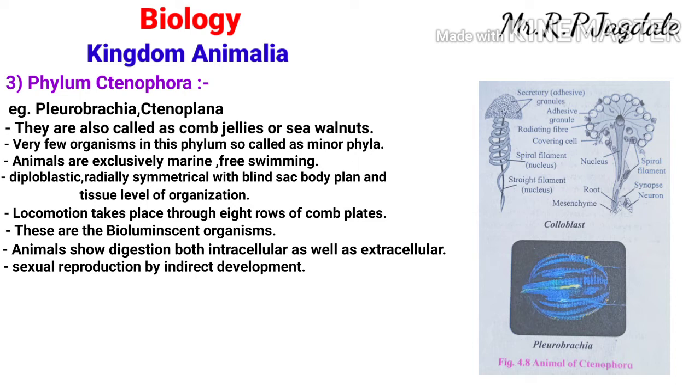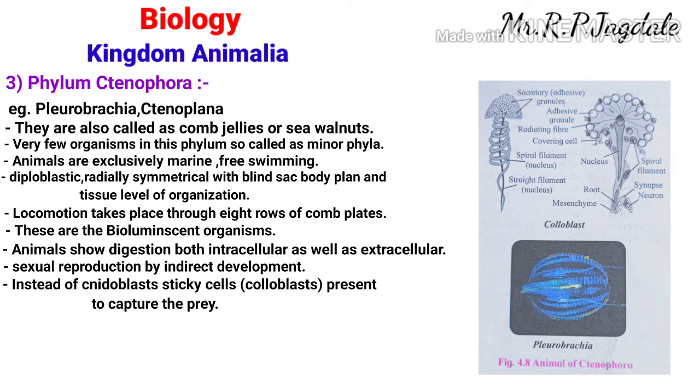In Ctenophora, cnidoblasts are absent, so these are also called acnidarians. We have seen in the phylum Cnidaria that cnidoblasts are present, so they are called cnidarians. Here cnidoblasts are absent, so they are called acnidarians. Instead, they have sticky cells.